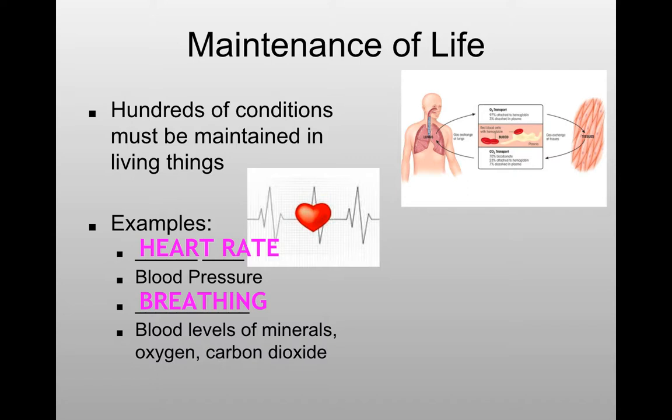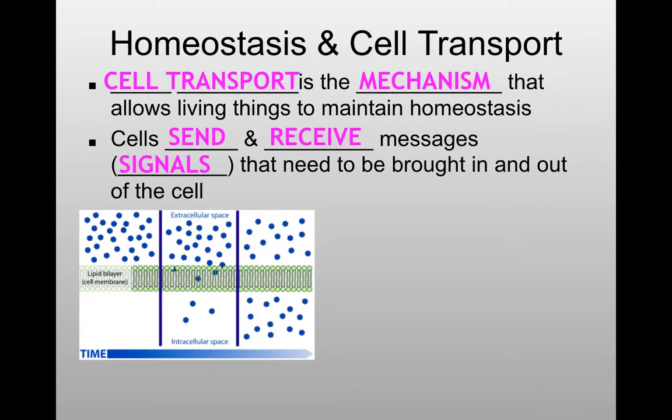The moving of oxygen and carbon dioxide back and forth across your lung membranes. In your blood, moving back and forth between your cells and the vessels, you've got to maintain levels of minerals like calcium and different ions, maintaining levels of oxygen and carbon dioxide there too, okay? Cell transport is going to be how we maintain these things.